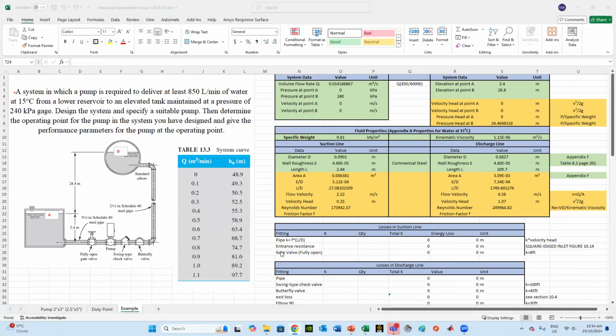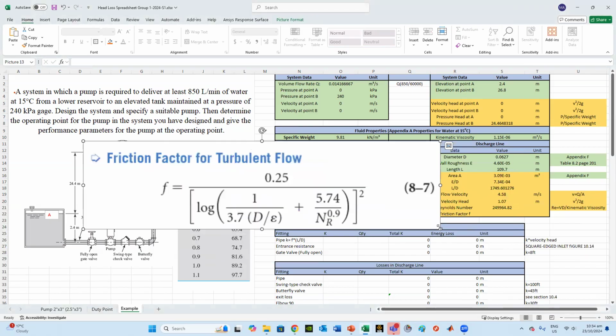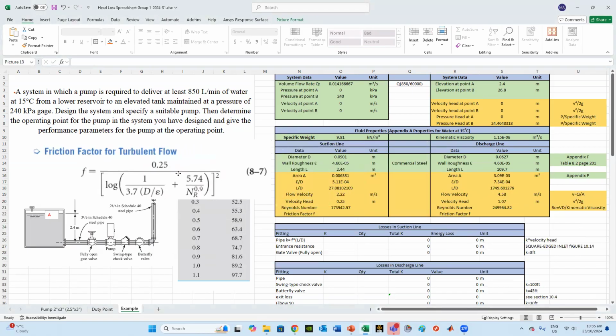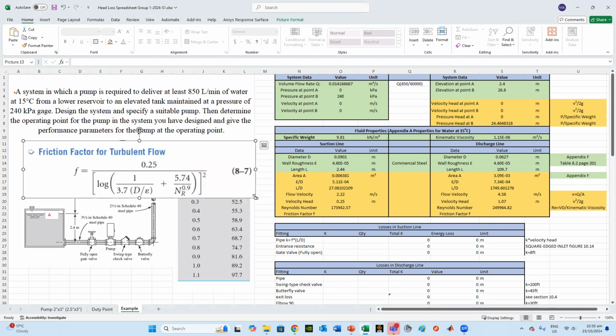So technically, for a simple solution, we could use this equation. This equation is very simple and easy to set up in your Excel file. Equation 8.7 from chapter 8 of your textbook, you can definitely embed that equation.